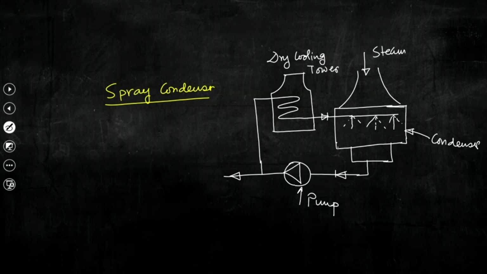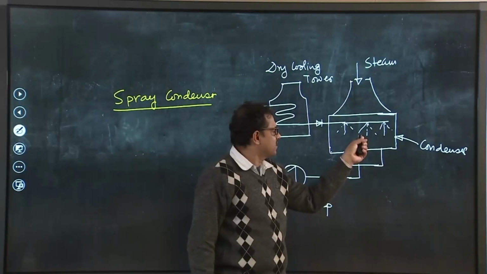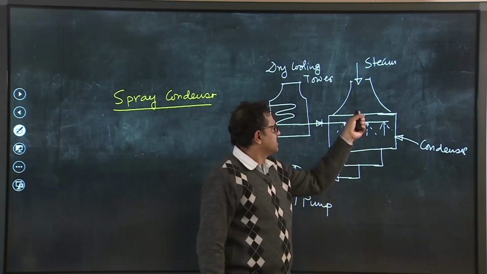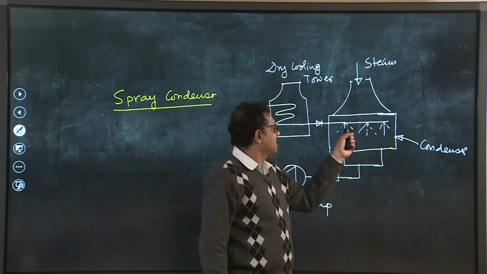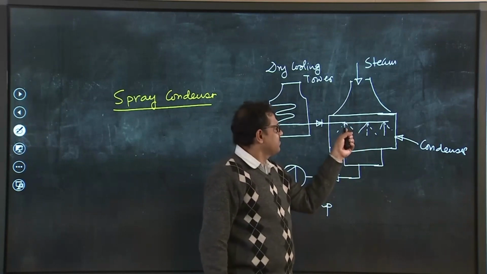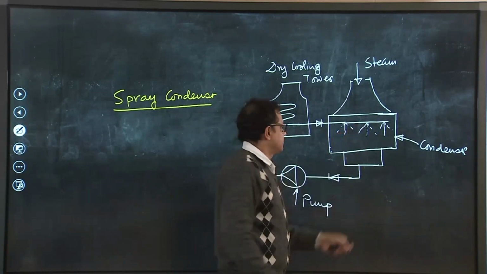What is done? Let me tell you, steam that comes out from the turbine, steam at the exit of the turbine is taken into this condenser, this is of direct type, and what we can see is that steam flows through the condenser and in the flowing steam this water is sprayed.